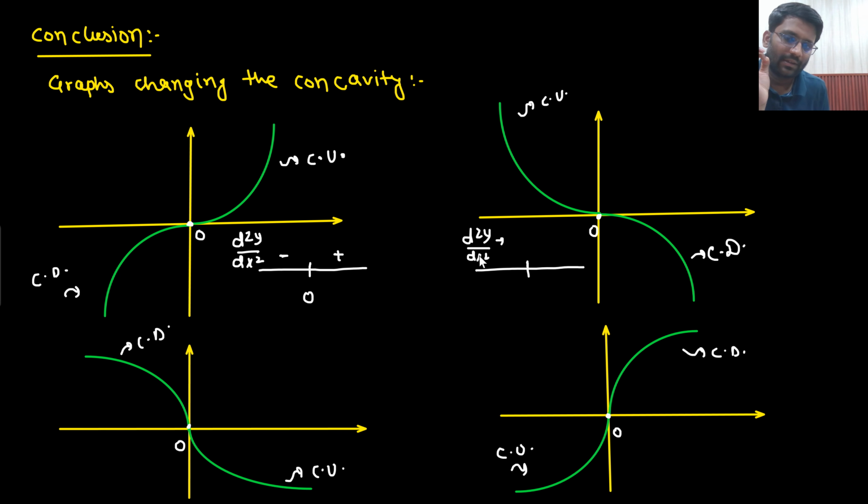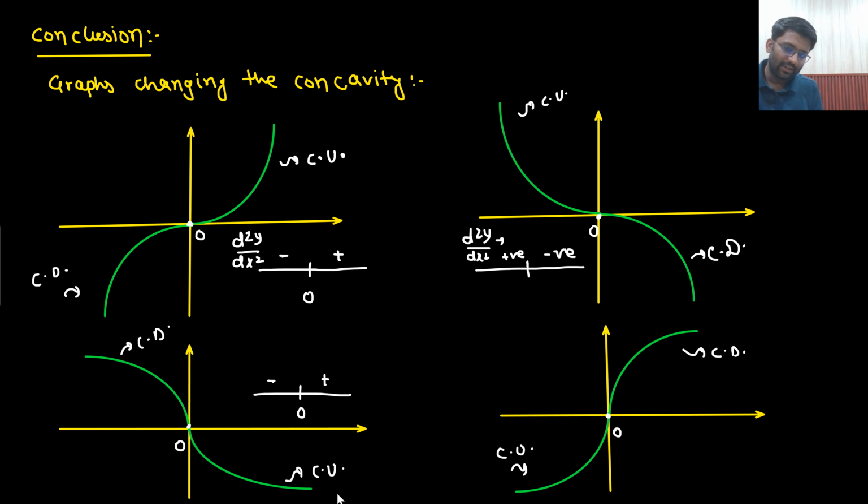What about this one? Here the slope from 0 to minus infinity is going, that means slope is decreasing, and here it is increasing. Right? What about this one? From 0 to decreasing nature, no? So from 0 to minus infinity, that means here the slope is decreasing and here it is increasing.